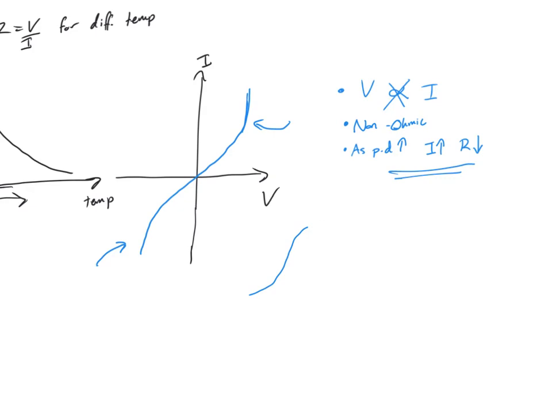And we already mentioned that in a thermistor, as temperature increases, there are more free charge carriers, which means more current, which means lower resistance.